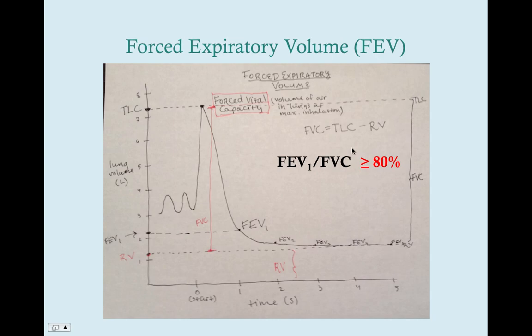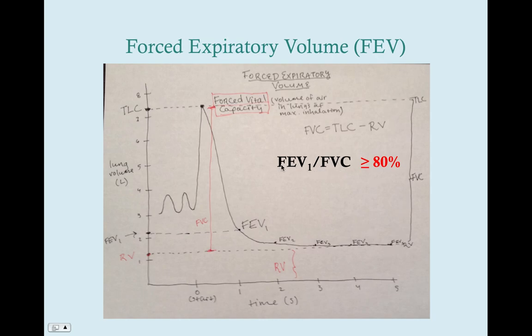Now, the FEV1, which is the amount that you can breathe out in 1 second, divided by your FVC, which is your forced vital capacity, which is the total amount that you can breathe out from your total lung capacity to where you hit your residual volume, when you can't breathe out anymore.